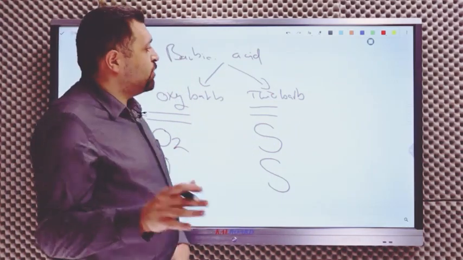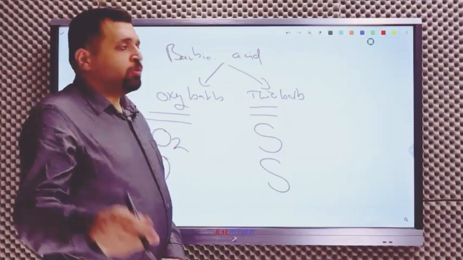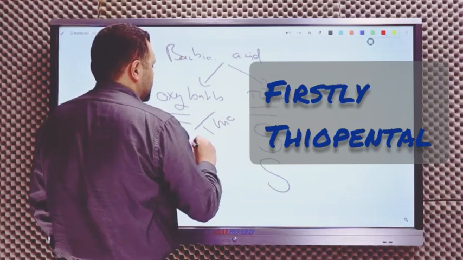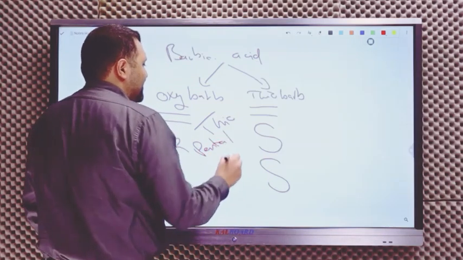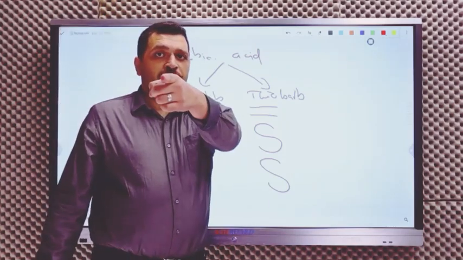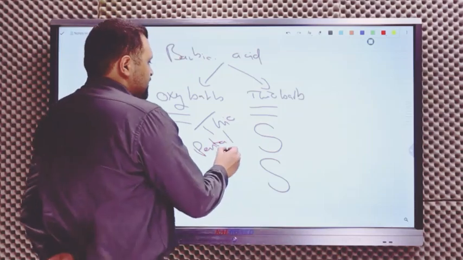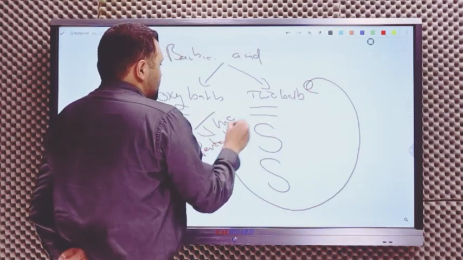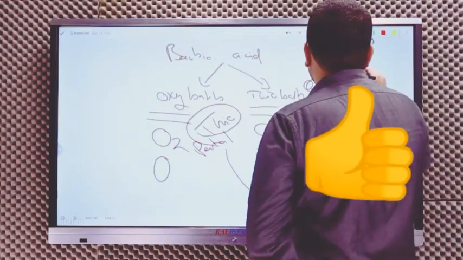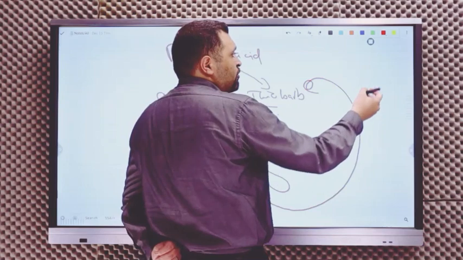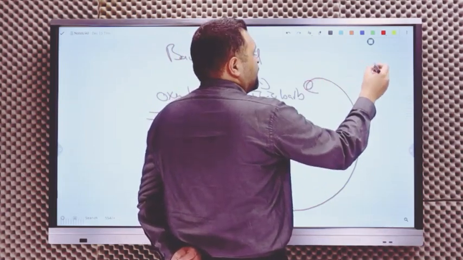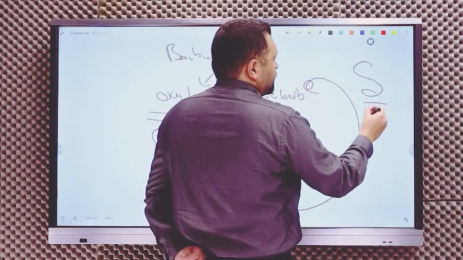Today, one of the major 4 drugs we will talk about is thiopental. So, my friend, do you think thiopental is an oxybarbiturate or a thiobarbiturate? Of course, you will say it's a thiobarbiturate because it contains the thio prefix. You are perfect. So thiopental, or thiopentone depending on where you are, has a sulfur atom.